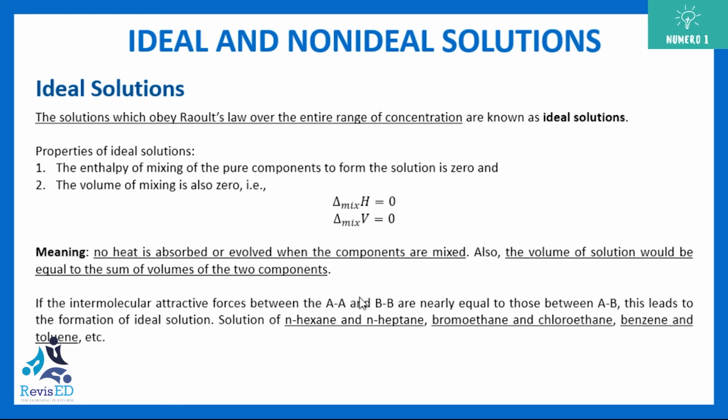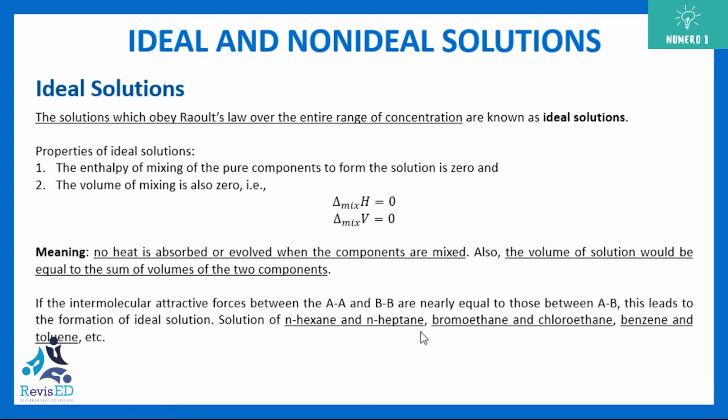These are the three forces. Now, if the intermolecular forces of AA and BB are almost equal, or nearly equal, to the AB interaction, then the solution is actually an ideal solution. Examples are n-hexane and n-heptane. Another example is bromoethane and chloroethane.